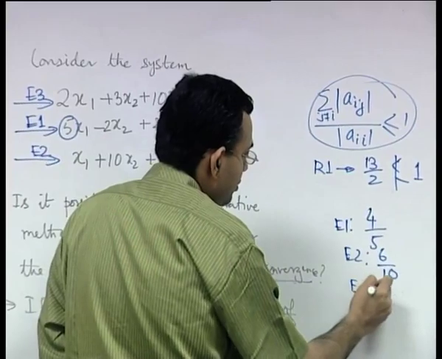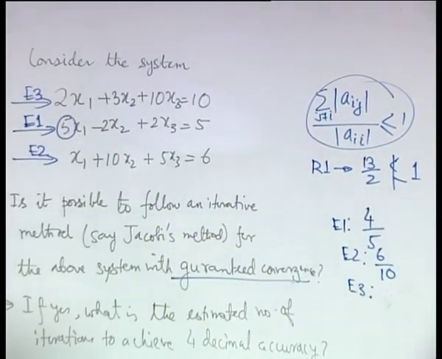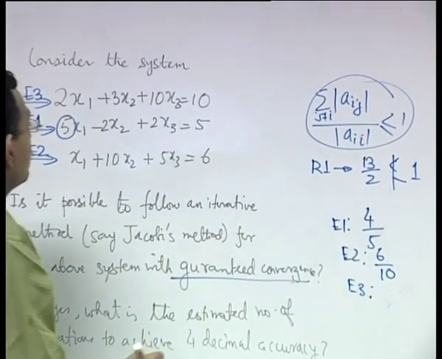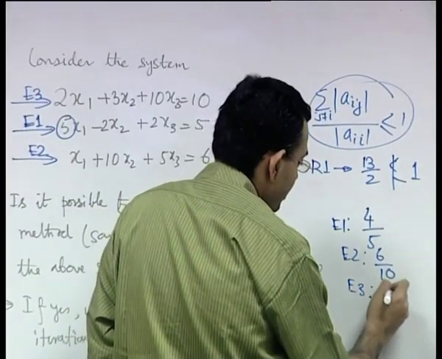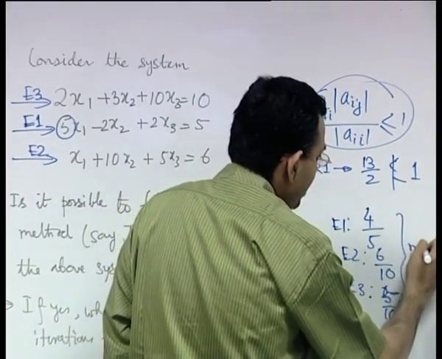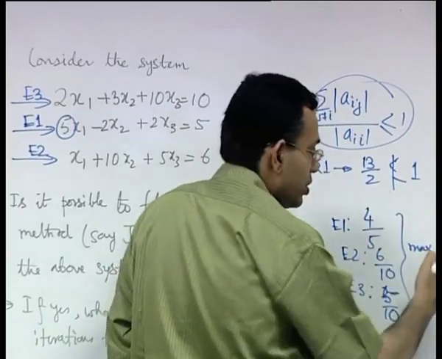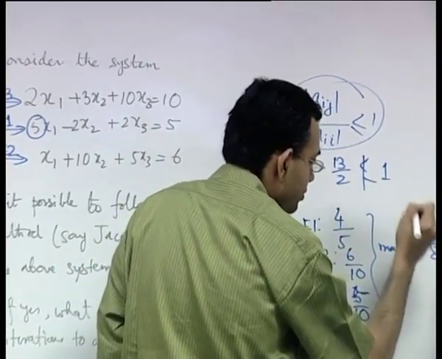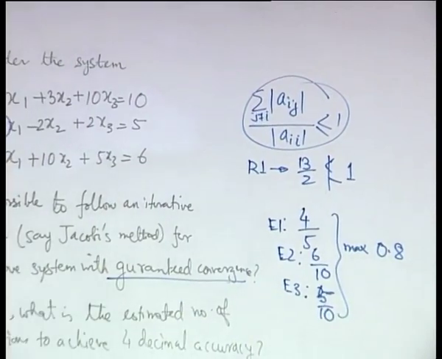For the third one, 2 plus 3, that is 5 by 10. Out of these, the maximum is 4 by 5, that is 0.8. So, the row sum norm is 0.8.